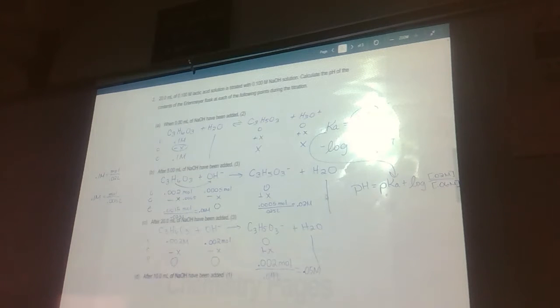Do you know how they're related? Now you do. Kw equals Ka times Kb. Solve for Kb. Plug it in here. Solve for X. Find the pOH. Get the pH.